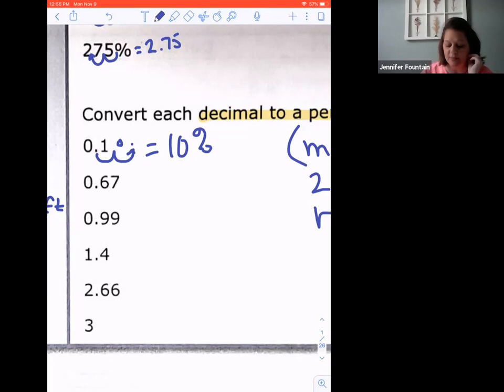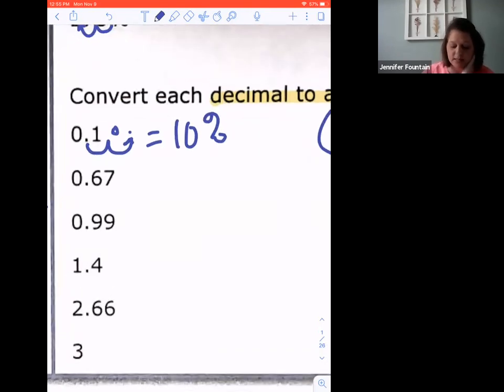With 0.67, I start where my decimal is, move it 2 places to the right, and add my percent sign. Now notice when I'm writing a percent, I'm not going to actually write my decimal in it unless, and I'll show you an exception in just a minute.